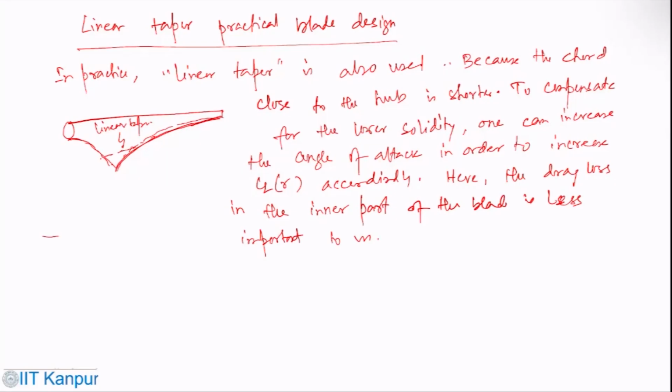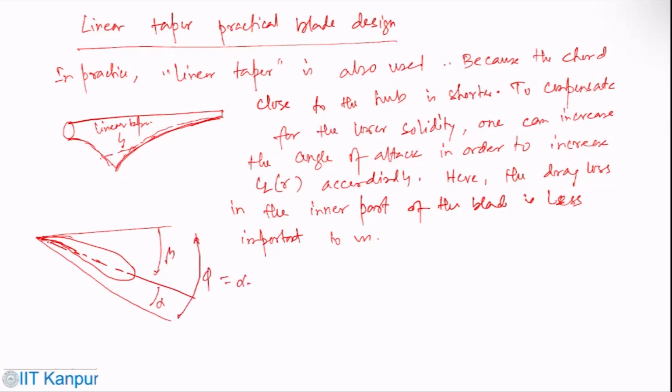So just to recap that part. So this would be beta, this would be alpha, this is phi, which is alpha plus beta. And this is the direction of the W. And that is the chord line.